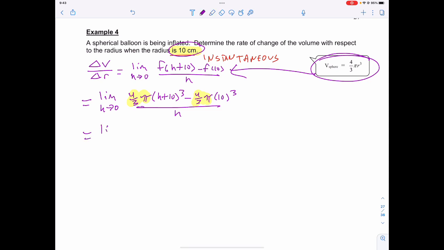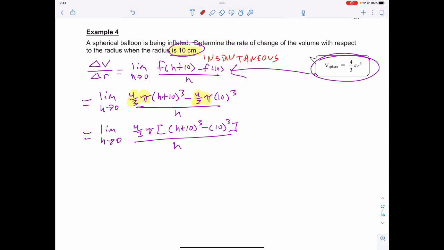And I'm going to get the limit as h approaches 0 of 4/3 times pi times h plus 10 cubed minus 10 cubed, all divided by h. And at this point, we just have a difference of cubes.